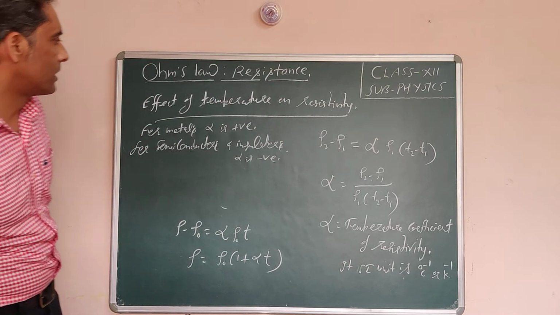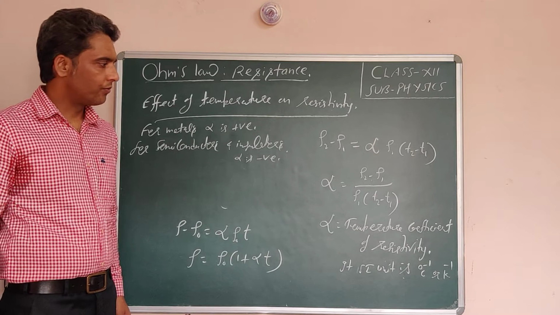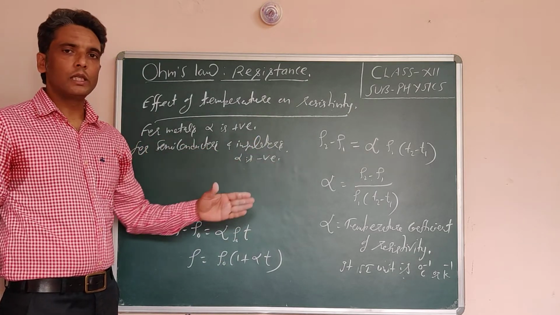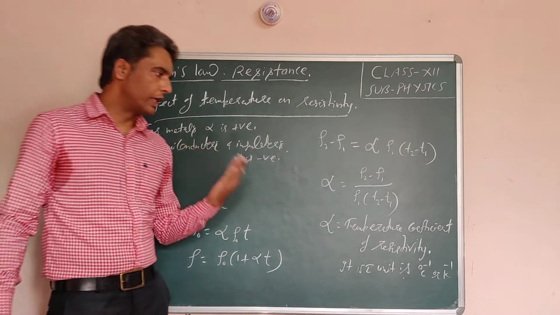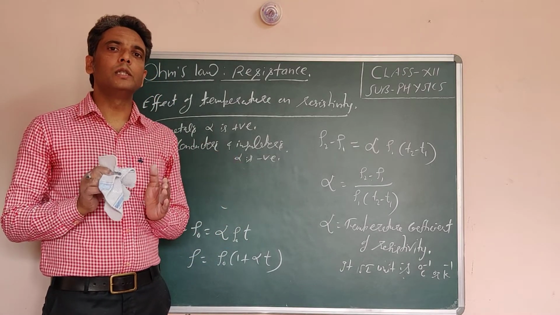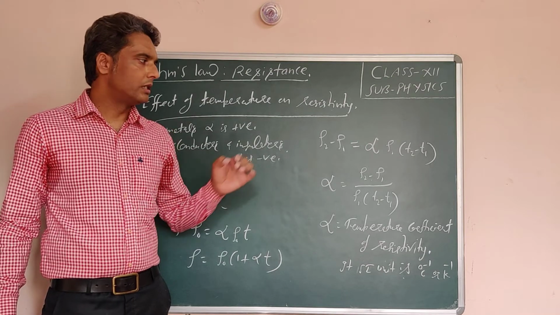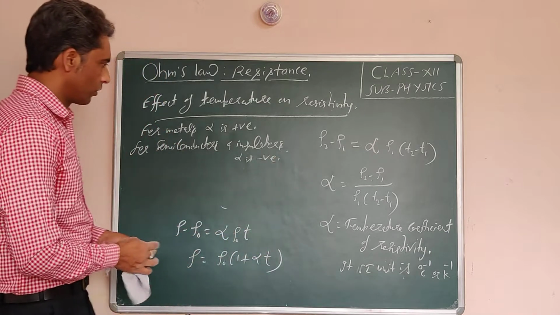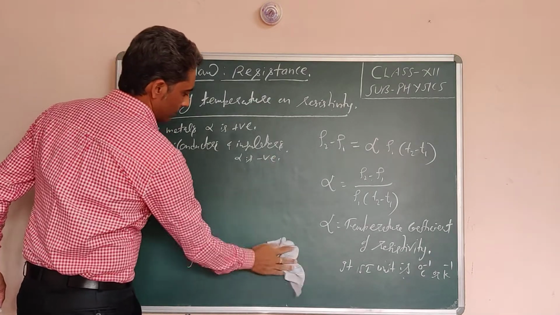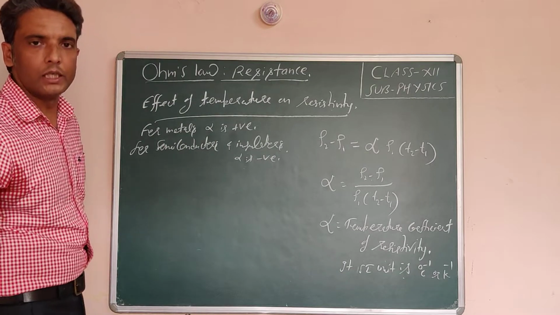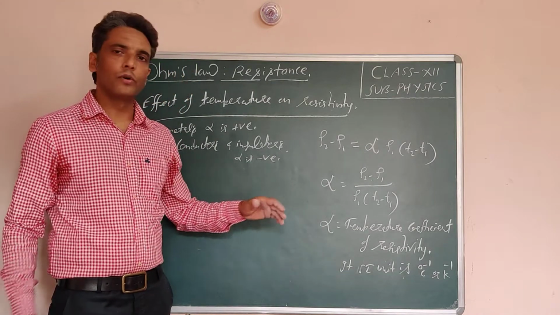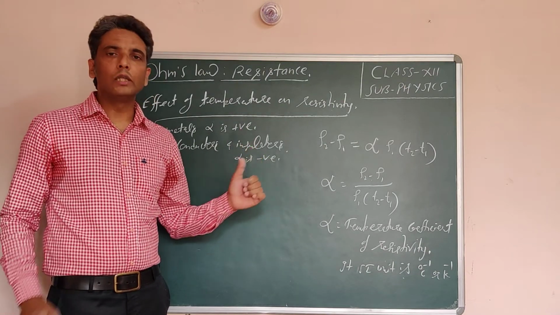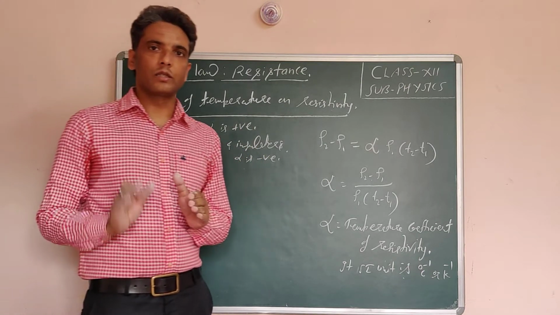There are certain other materials, which are alloys, for which the value of alpha is very small. This means for those alloys the effect of temperature is least, or we can say the resistivity of alloys is not affected by temperature. So alloys like nichrome, manganese, tungsten have a small value of alpha, and that's why they are used for making standard resistors.